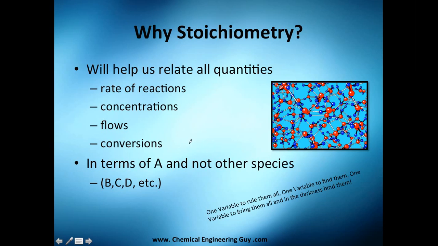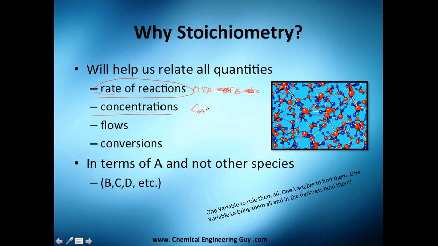And why stoichiometry? Well, it will help us to relate rate of reactions, R of A, R of B, there's always a relationship here, and R of C here. So we can relate this, that's good.